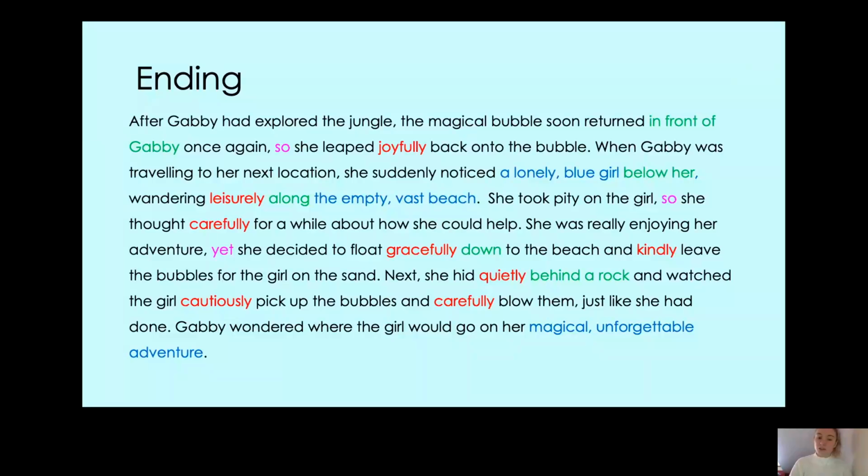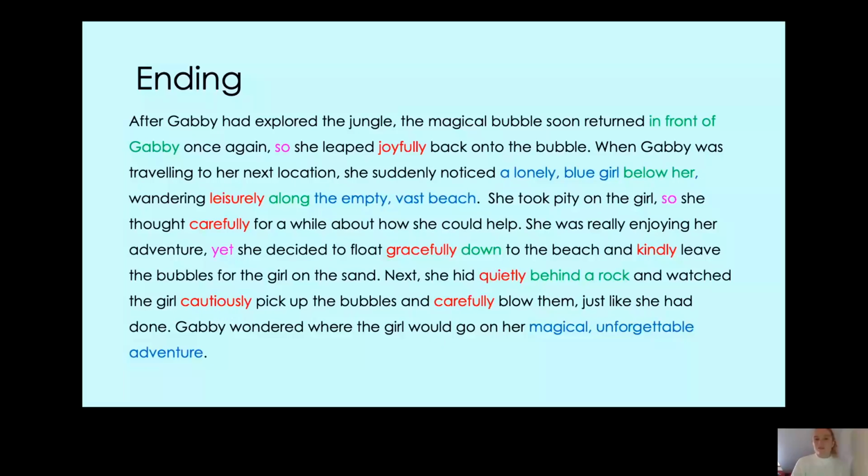She was really enjoying her adventure, yet she decided to float gracefully down to the beach and kindly leave the bubbles for the girl on the sand. Next, she hid quietly behind a rock and watched the girl cautiously pick up the bubbles and carefully blow them, just like she had done. Gabby wondered where the girl would go on her magical, unforgettable adventure. There we go.